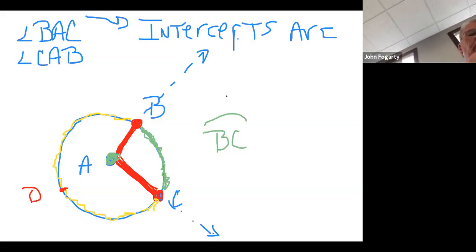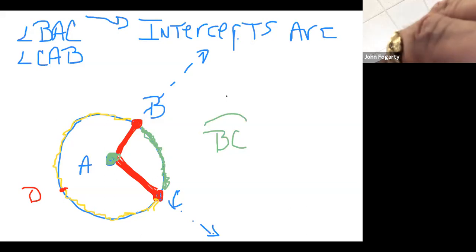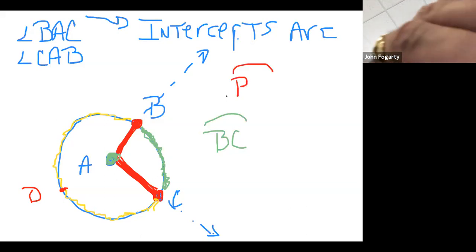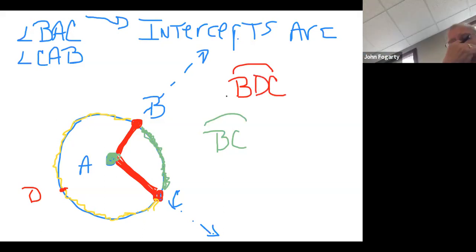It's going from B to C, but it's not going this short way. It's going the long way. So I would call that arc BC, but it passes through D. Does everybody understand that? All right.